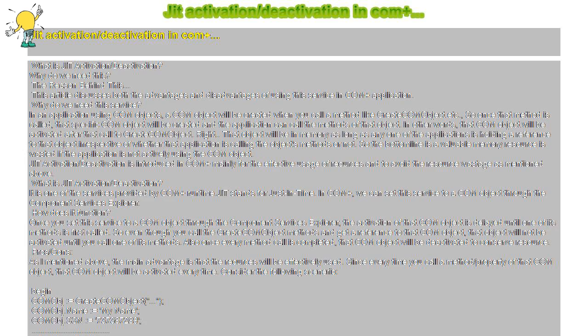Then what is the use of this JIT activation/deactivation? We have to change the approach in writing the code. The alternative for the above code would be like this: Begin: COMObject equals CreateCOMObject.